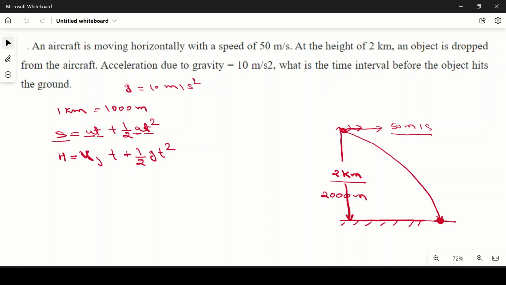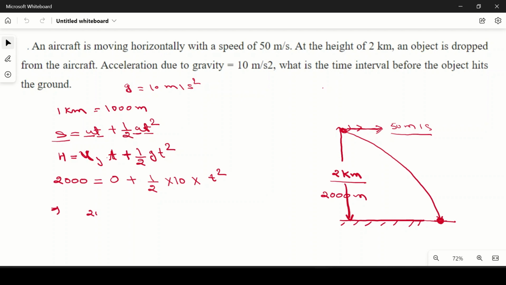Sorry, it will be plus, because the ball is moving in the downward direction and acceleration is also acting in the downward direction. So it will be plus half g t square, where g is acceleration due to gravity. So h is 2000, which is equal to the initial velocity in the vertical direction, 0, because all the velocity is in the horizontal direction, plus half into 10 into t square.